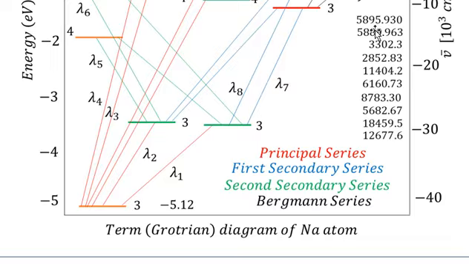This is the D1 line of sodium, the transition between 3s and 3p. Lambda 2 is the sodium D2 line, which has a wavelength of 5889.963 angstrom. The other lines are also shown.